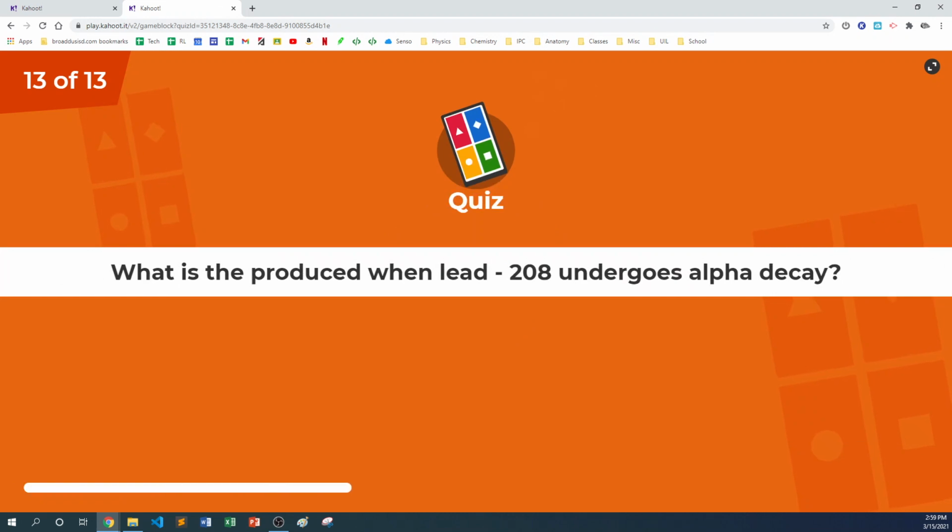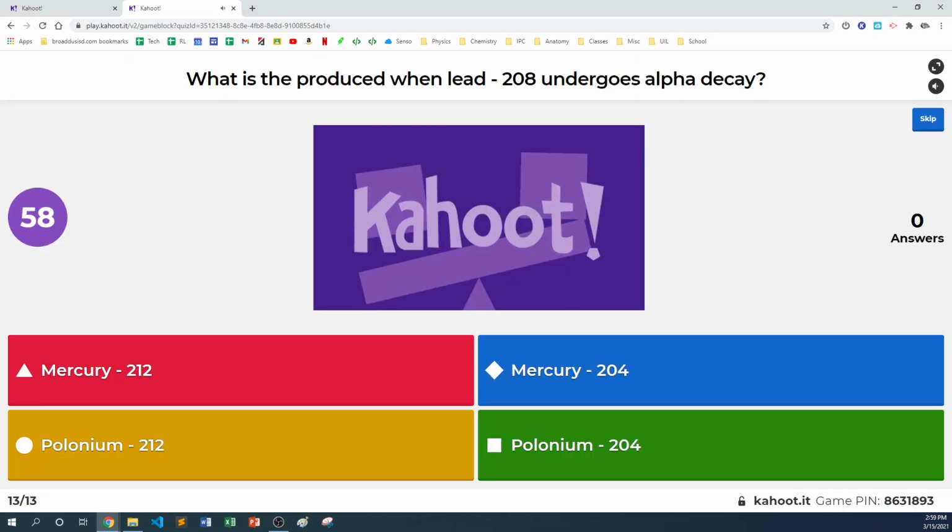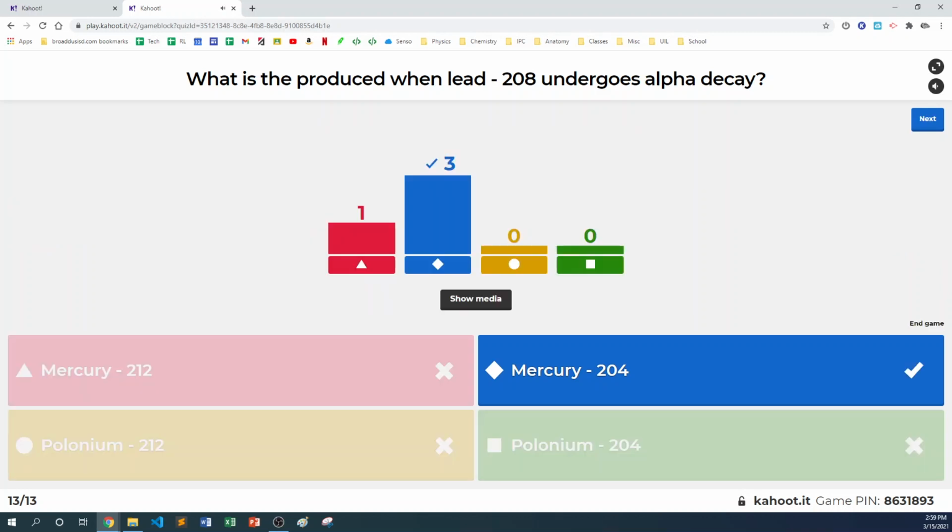What is produced when lead-208 undergoes alpha decay? That'd be mercury. Mercury is 2 elements to the left, because the bottom number of an alpha particle is 2.